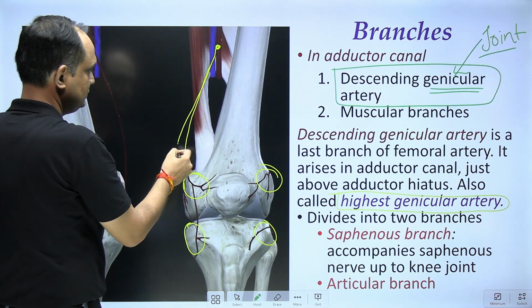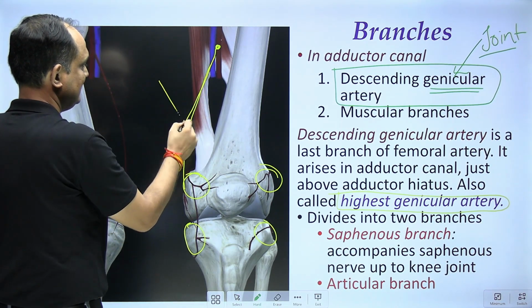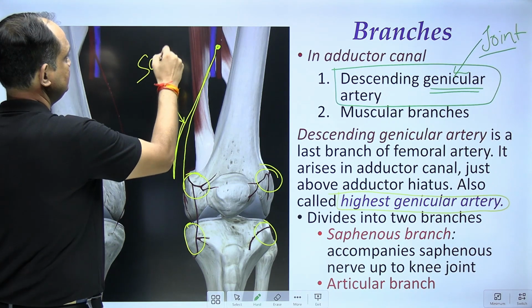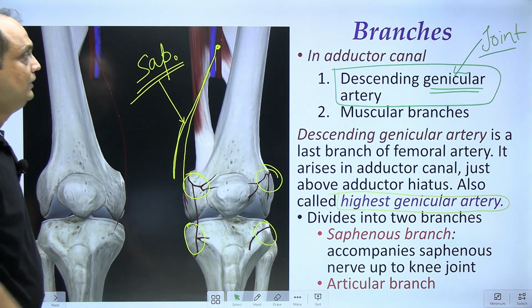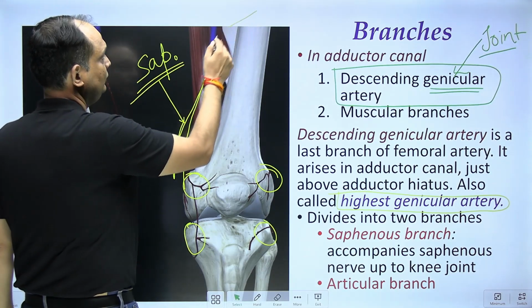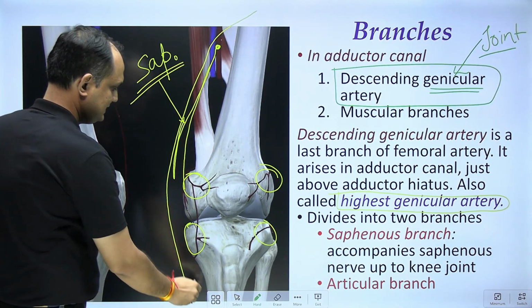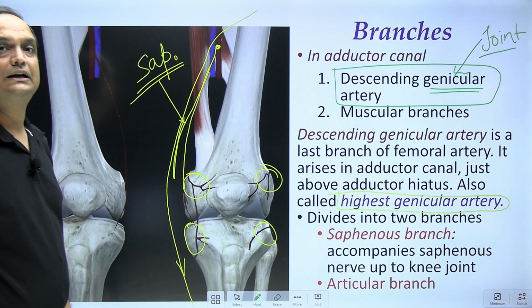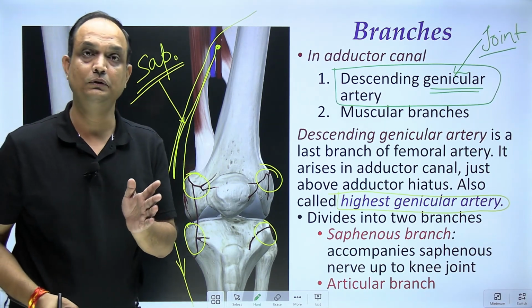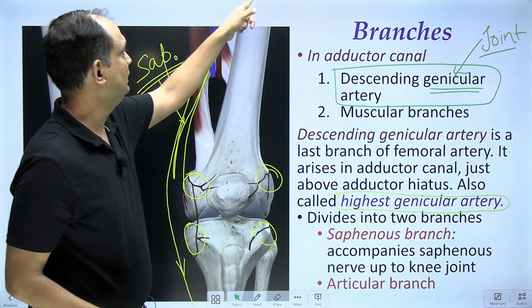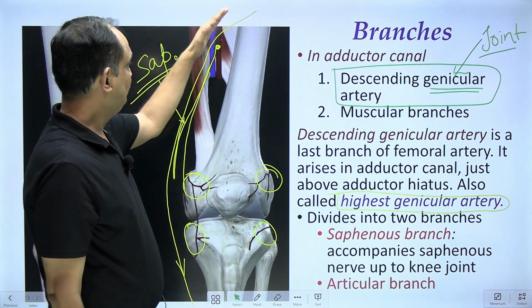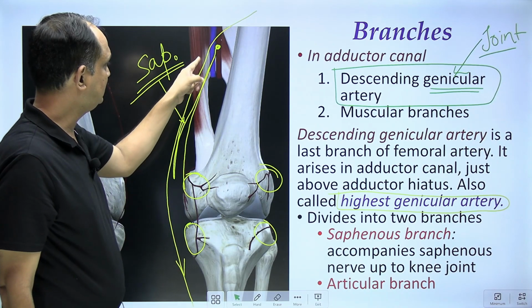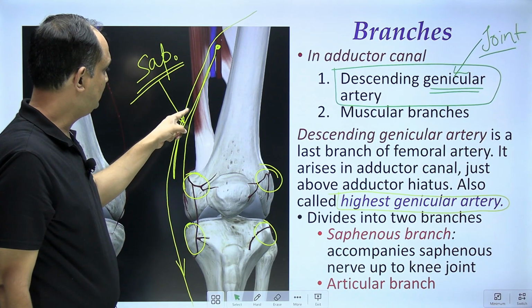Now, this highest genicular artery gives a branch known as the saphenous artery. Why saphenous artery? Because this branch continues with a nerve known as the saphenous nerve. I just told you that the saphenous nerve, a branch of the femoral nerve, crosses the femoral artery from lateral to medial side in the adductor canal, and once it crosses the adductor canal, it comes out.